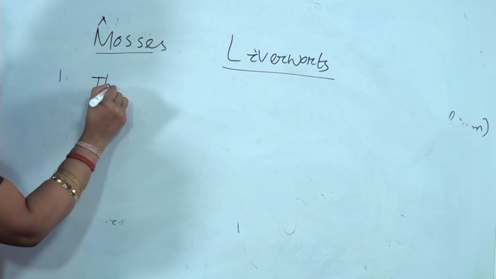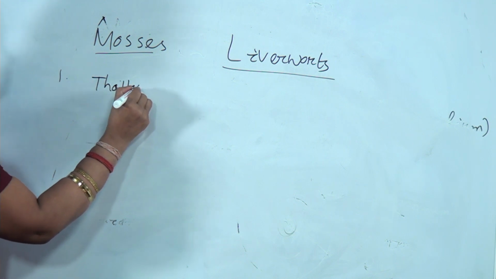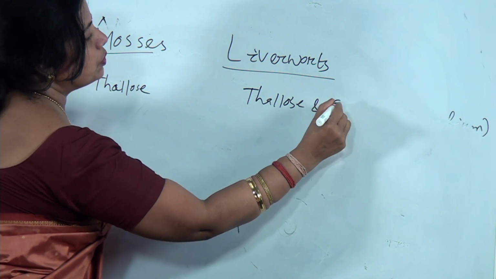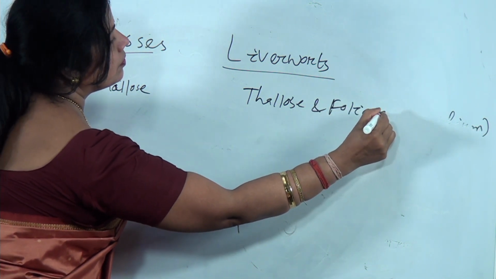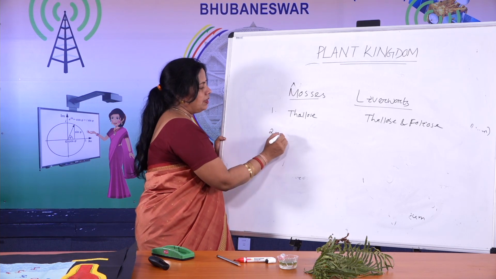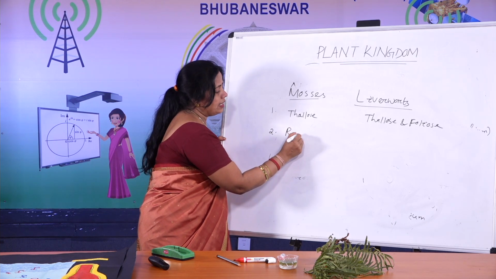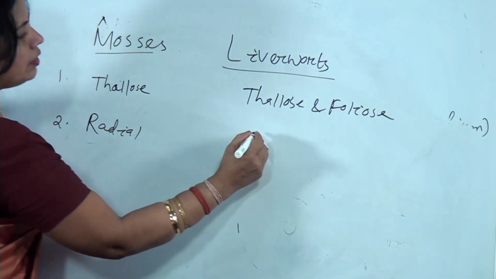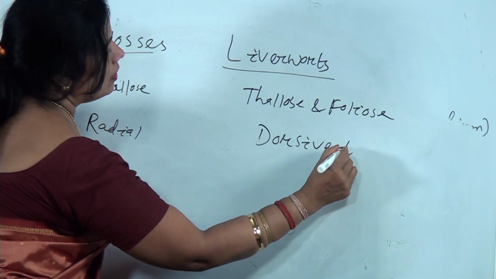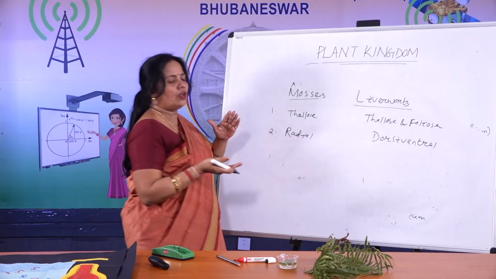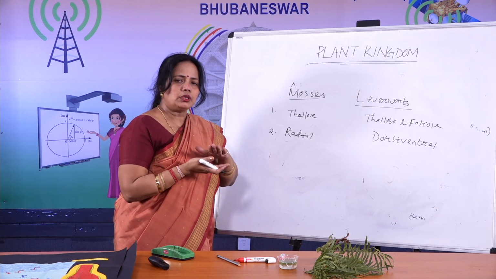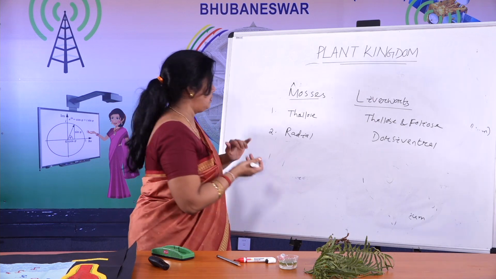Mosses show radial symmetry, and liverworts are dorsiventral. Dorsiventral means the upper dorsal side, the back side, and the ventral side are both flat.